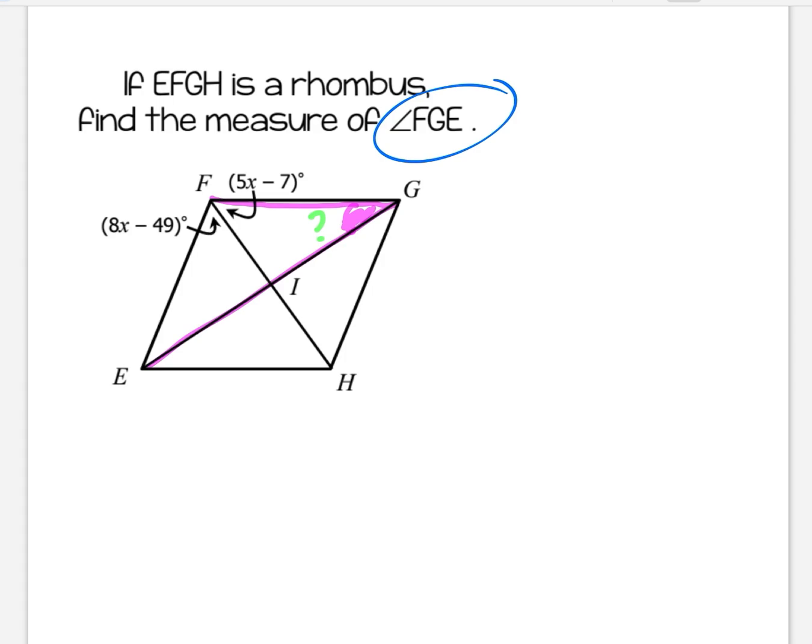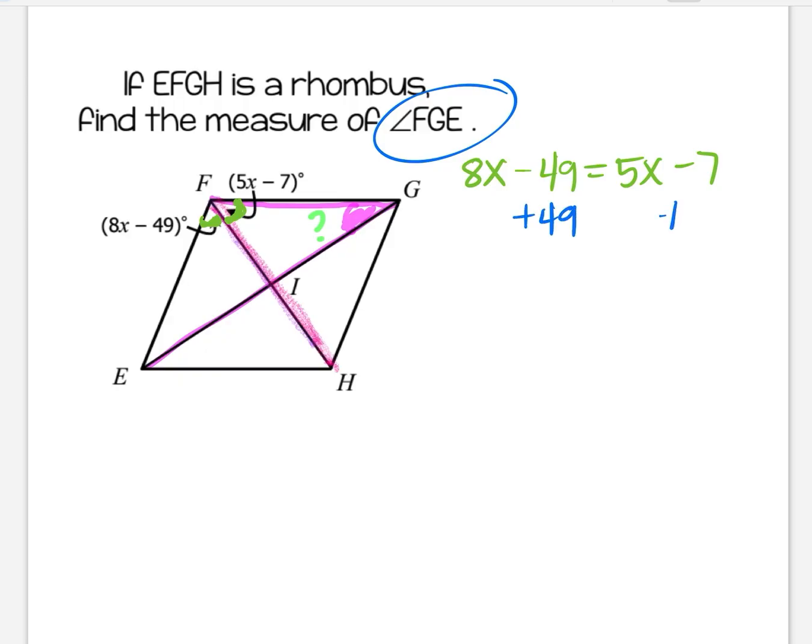So going back to the property of a rhombus, if we have diagonals, the diagonals bisect opposite angles, which means that these angles here are considered equal, then therefore we can set up our equation as 8x minus 49 equals 5x minus 7. Isolating x on one side of the equation, I have to do the inverse of negative 49.